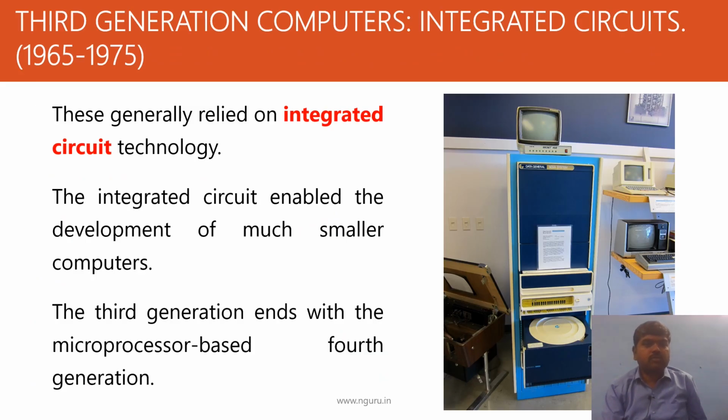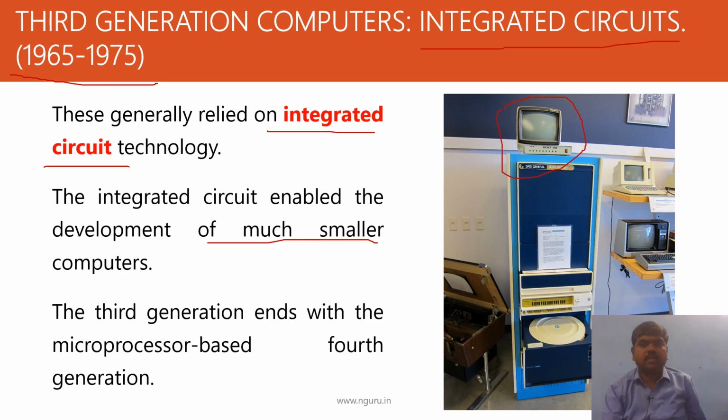When it comes to the third generation computers, the component used was integrated circuits. The period is around 1965 to 75. So integrated circuit technology was used to build the system. The size has been reduced.